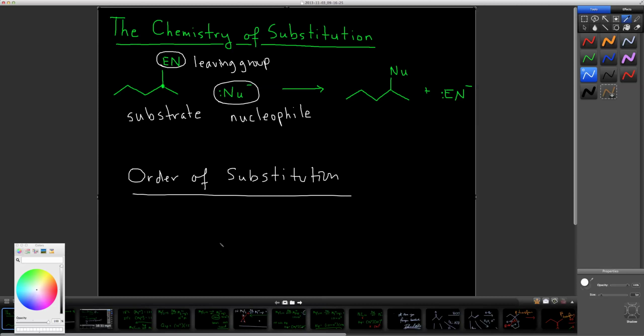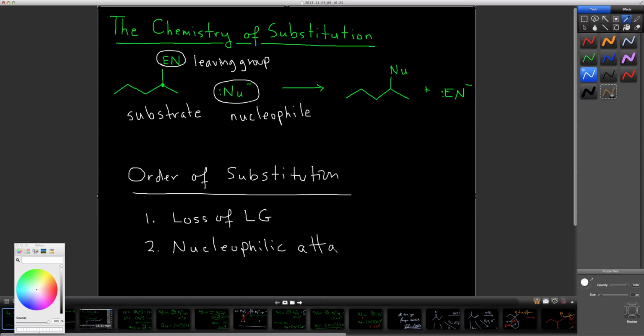We do know that there are going to be 2 processes mechanistically that we're going to see over and over and over again. One is going to be loss of a leaving group. And the second is going to be nucleophilic attack. These mechanisms will be differentiated by the order of these 2 processes.